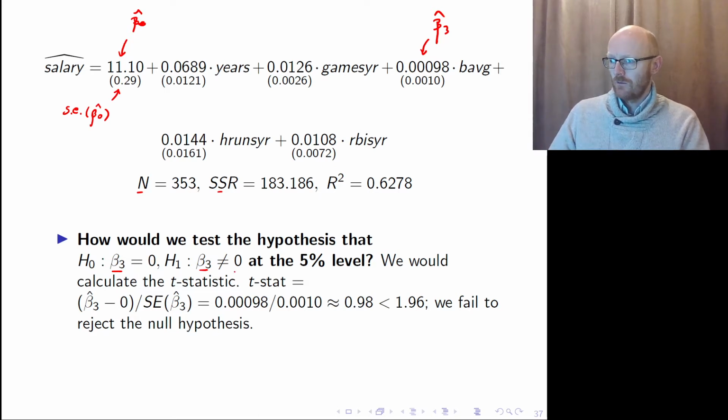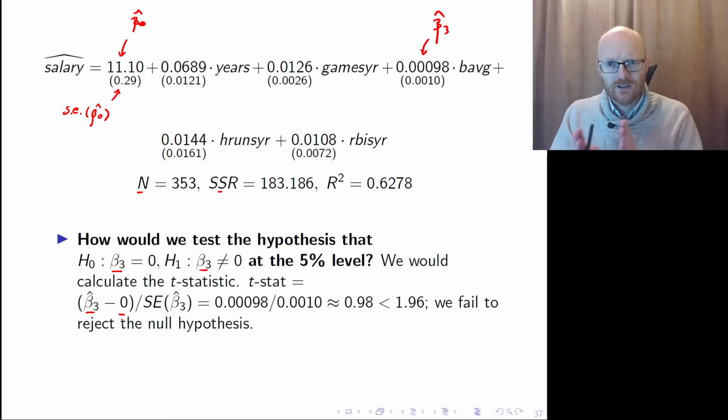Okay, so we would calculate the t statistic as such. We take the sample slope minus the hypothesized value, the null hypothesis. This is a difference.